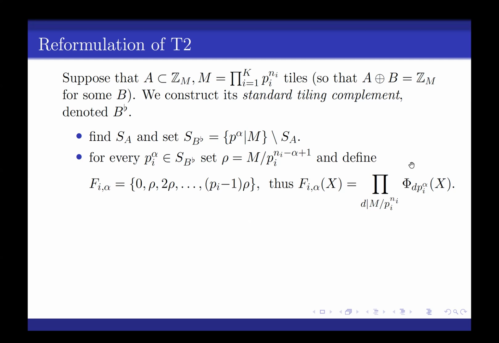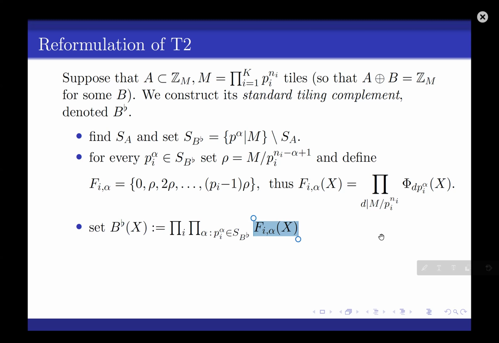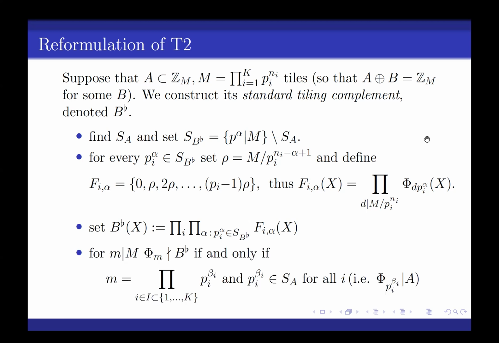And we're going to use that in a minute, because now B standard is going to be the product of all of these arithmetic progressions.